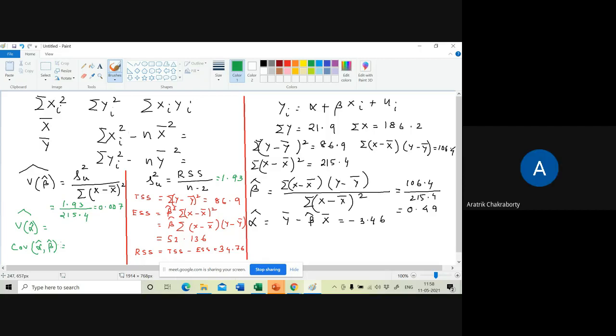Ma'am, the estimated variance of alpha hat is 0.873.